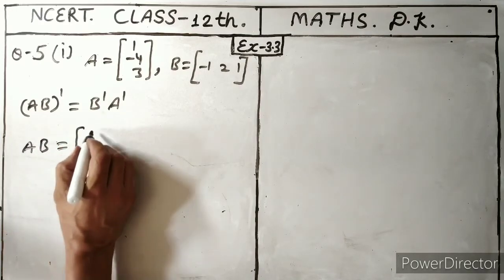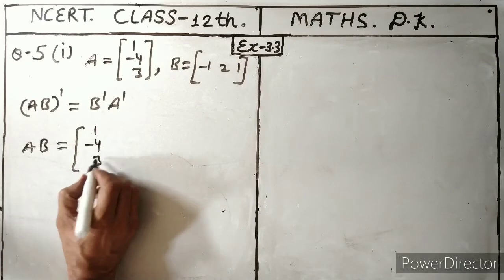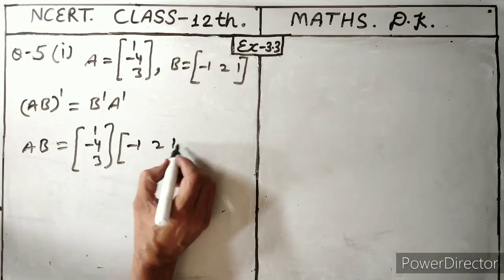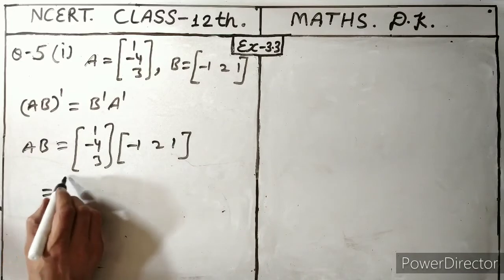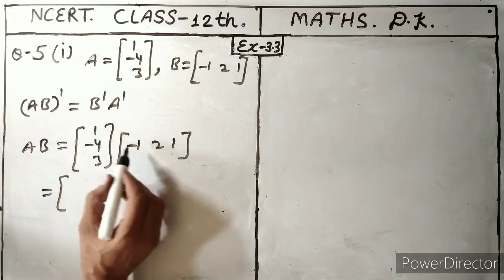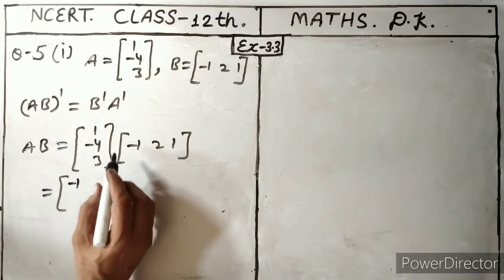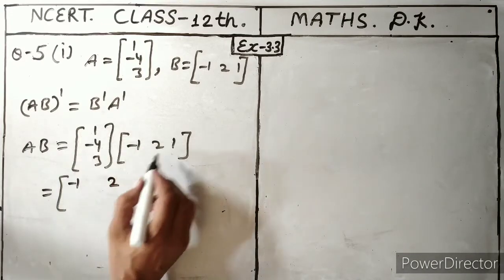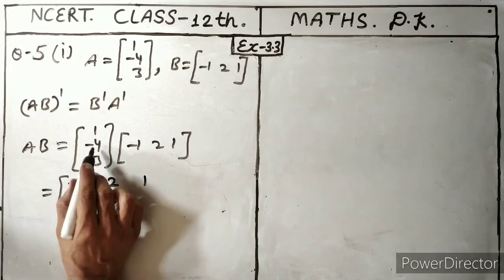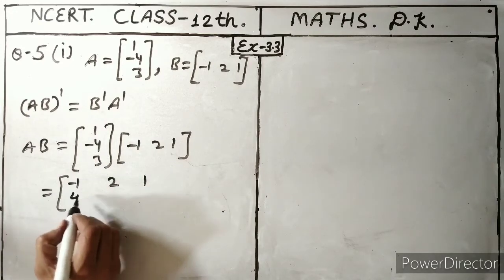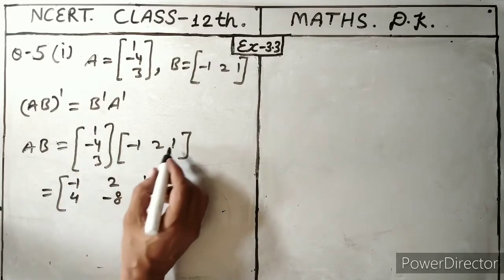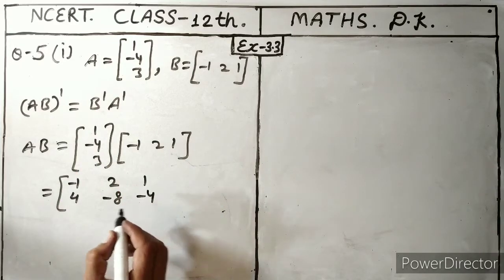A matrix is 1 -4 3 and B matrix is -1 2 1. Its product is 1 -1 -1, 1 2 2 1 1 1 and -1 4, 2 -8 -4 1 -4.